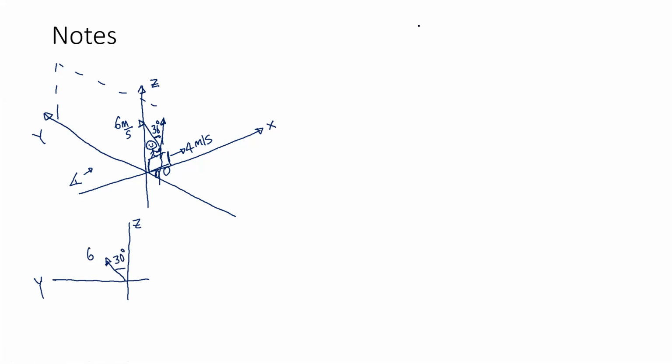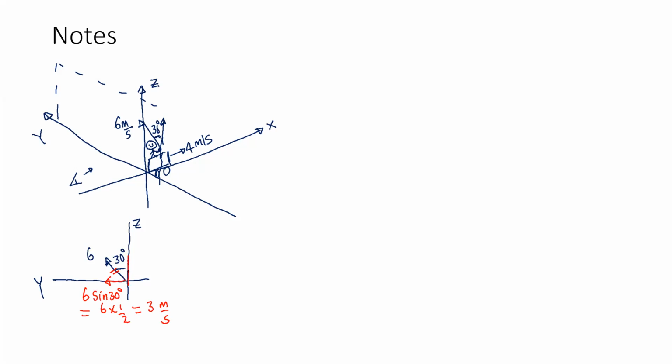Now if I break this into two components, the horizontal component, that means the component along Y axis, would be 6 sine 30 degrees. And that is 6 into half. So that is 3 meter per second.